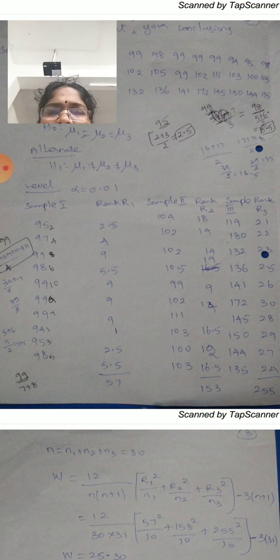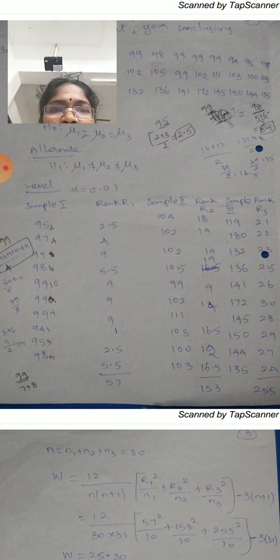Then the next value is 97, therefore we put rank 4, and the next value is 98. Here 98 is given 2 times.